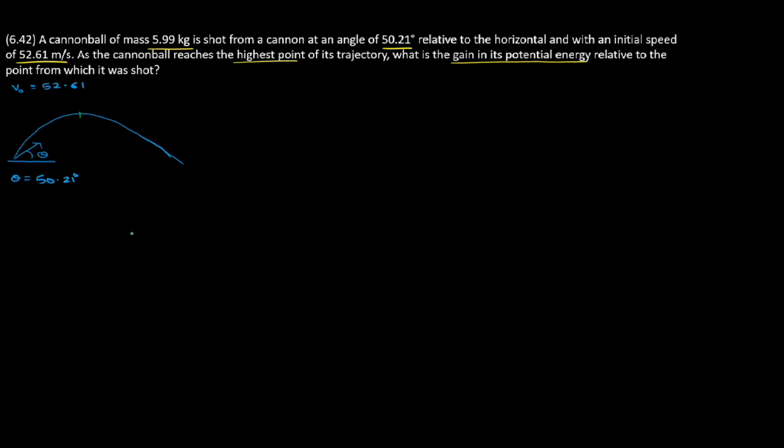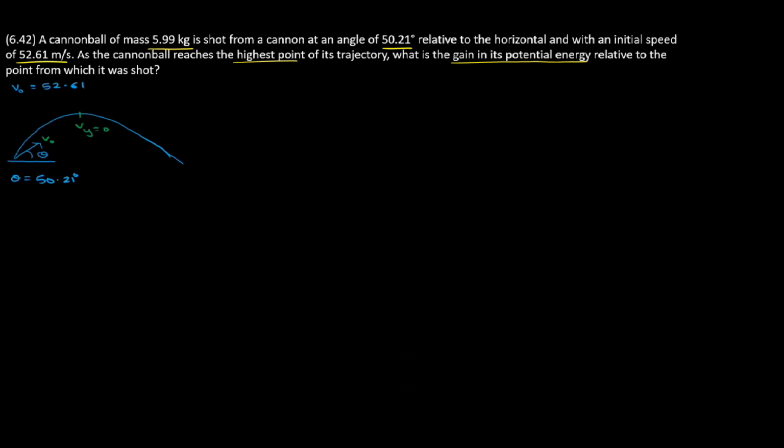Now, for projectile motion, it has two components of velocity, the y component and the x component. In this question, my initial velocity with which the cannonball is launched has both components, an x component and a y component. At the highest point, however, the y component of velocity becomes equal to 0.